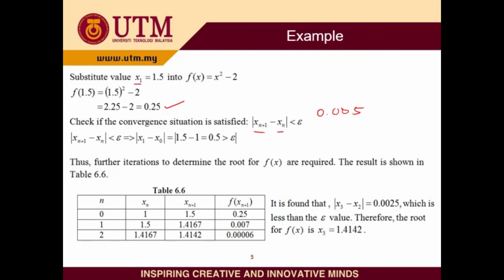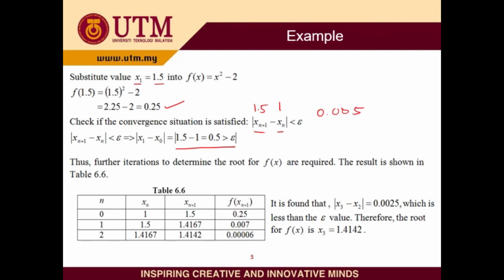This is your x n plus 1, which you already counted, minus your x0, which is 1. So 1.5 minus 1 is 0.5, which is bigger than the error, so you need to continue.